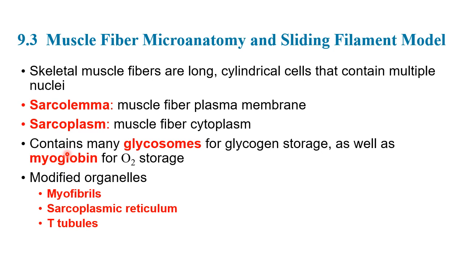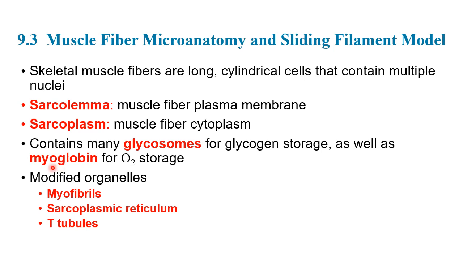Okay. So now, inside the muscle cells, you're going to find glycosomes. Those are for storage of glycogen. So what is glycogen made up of? Glucose, branched chains of glucose, right? So this is a fast resource for energy.